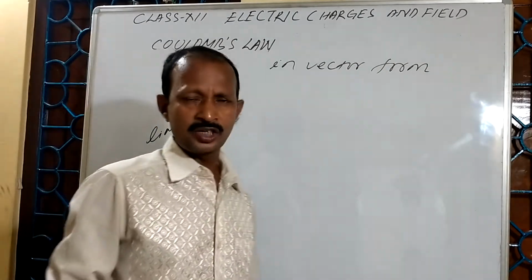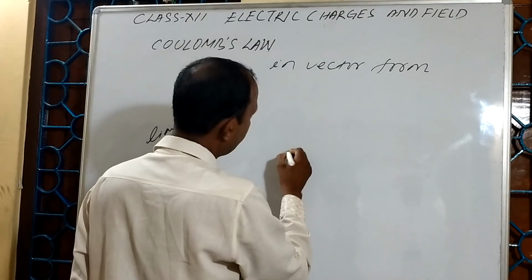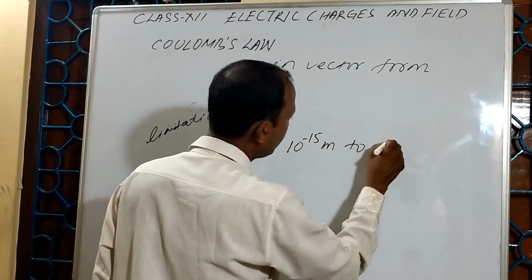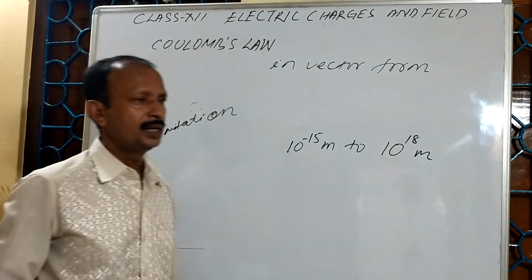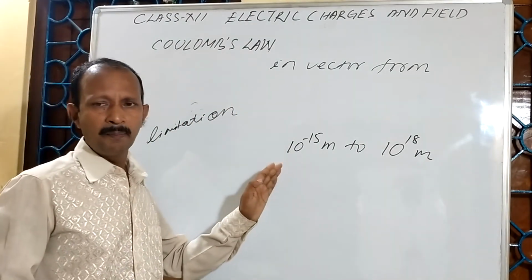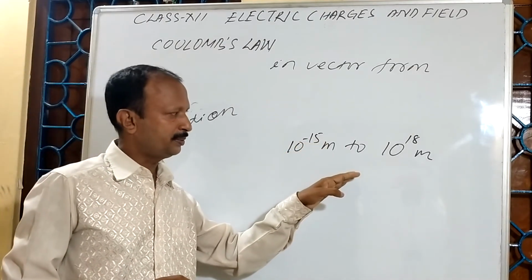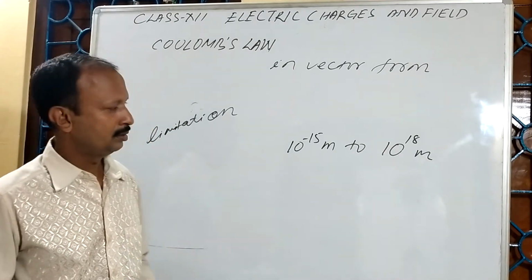This force must act between a distance of 10 to the power minus 15 meter to 10 to the power 18 meter. Listen carefully. The force must act between 10 to the power minus 15 meter to 10 to the power 18 meters.